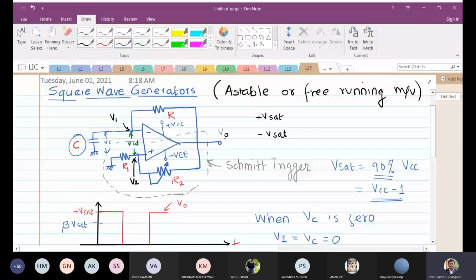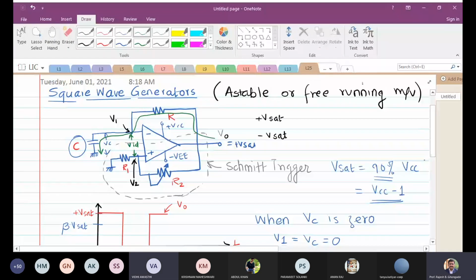Look at this path: the value here is Vsat, the resistor we are seeing, and we are looking at the capacitor. So this capacitor will start charging towards Vsat. Agreed?